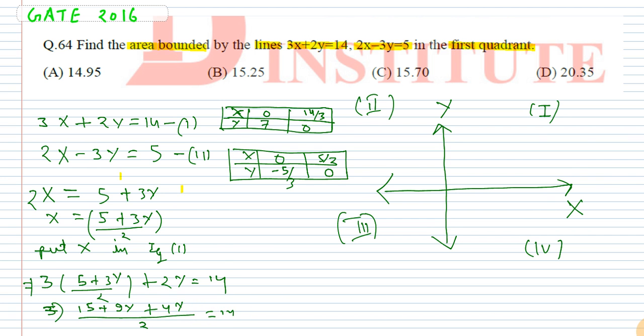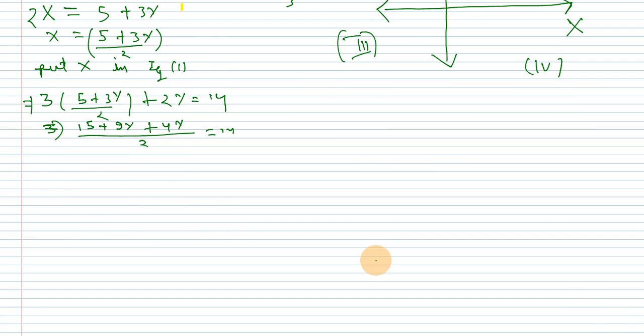Okay, let's solve further. If we take the 2 to the right hand side, it becomes multiplication with the 14 and becomes 28, and this 15 if we take to the right hand side, then it will be the minus sign, and 9y plus 4y will be 13y. So 13y equals 13, so y will be 13 by 13, which is 1.